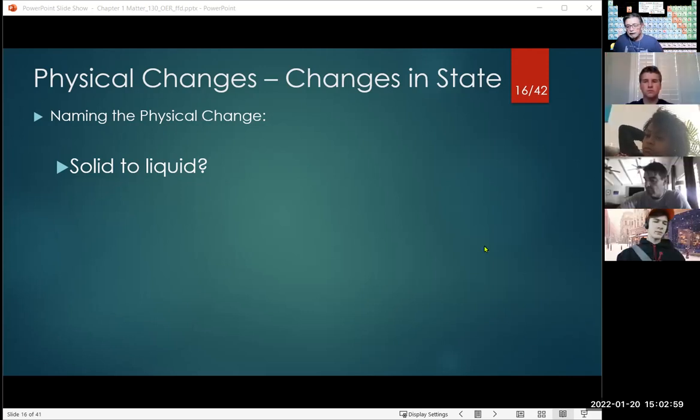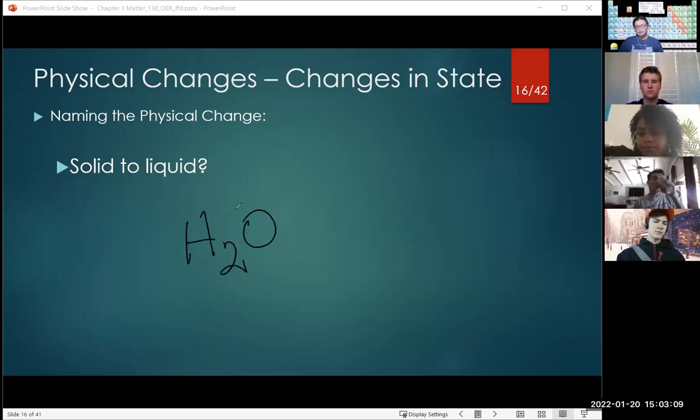Okay, now a good example would be as follows. Let me show you here. If we have H2O, here's H2O, two hydrogens bonded to oxygen. We generally draw an arrow to demonstrate that something's going to happen to it, be it chemical or physical.